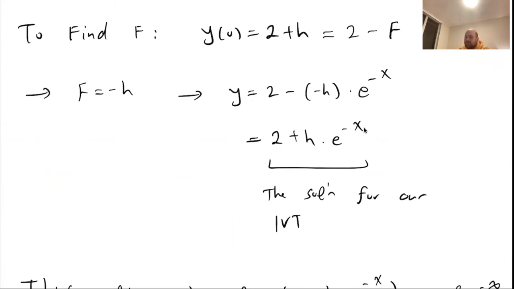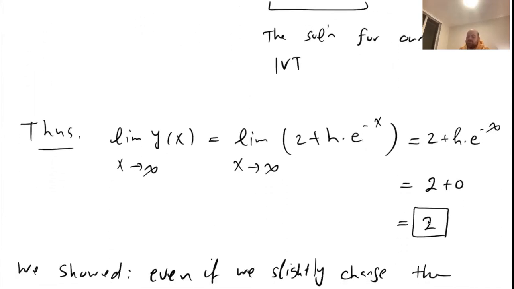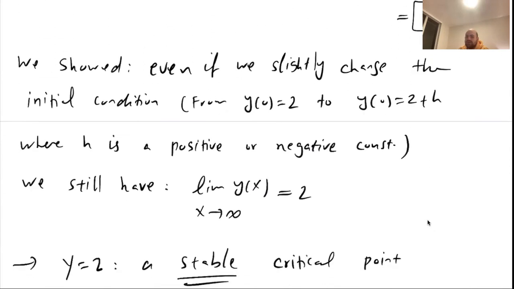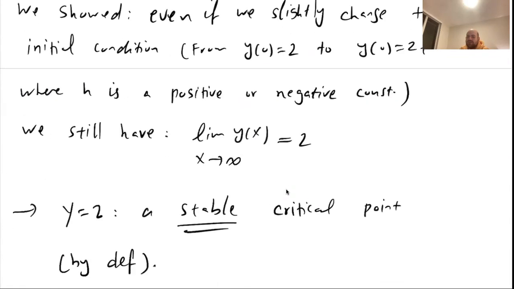So the solution will be completely different. But the limit of the solution as x goes to infinity, we saw that it is still 2. Although the solution is completely different as we change the initial condition even slightly, still this new solution satisfies this condition that the limit of it as x goes to infinity is still 2.